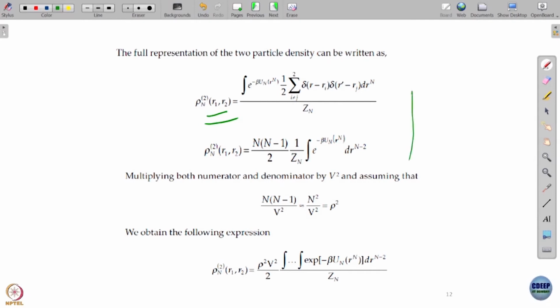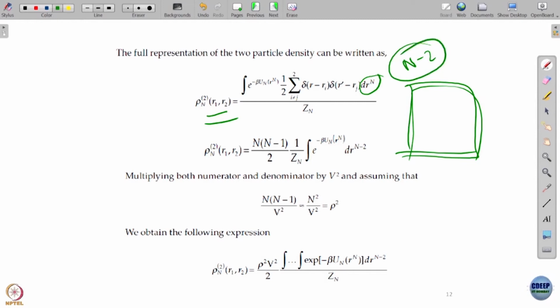If they are identical particles, then my rho at R1 and R2 is just integrating over all the other molecules, n number of integrations. But before, in all our definitions, we were making this integration over n minus 2.